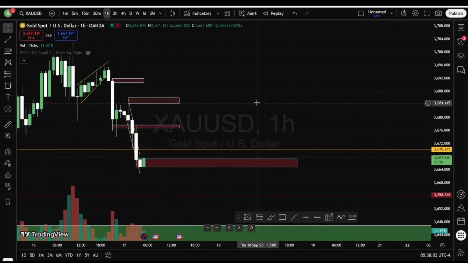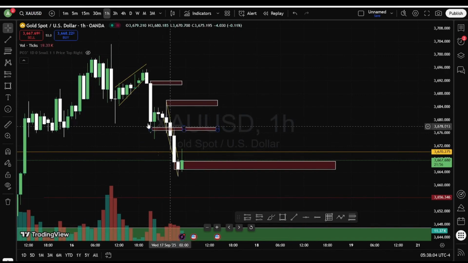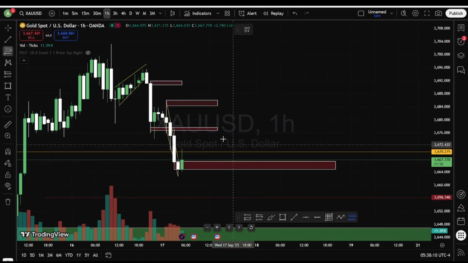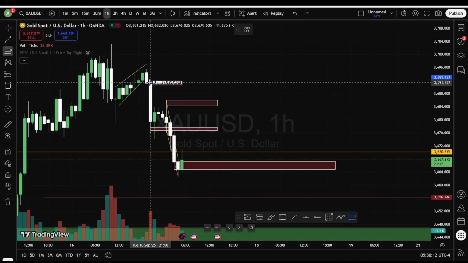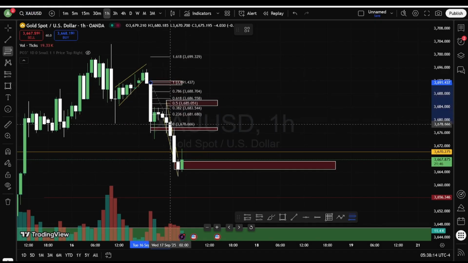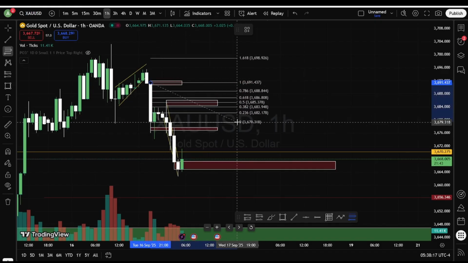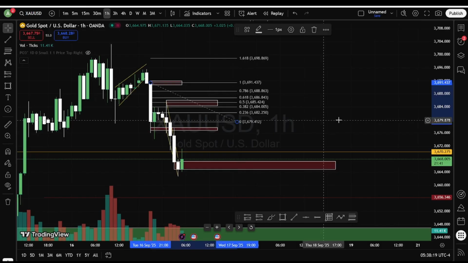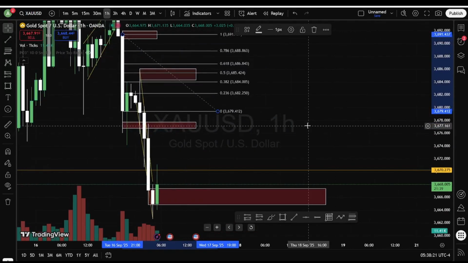We can identify the buy traps here, and this is the zone, guys. If you draw Fibonacci from the opening price to the closing price today in the Asian session, you can see we are in a golden zone.